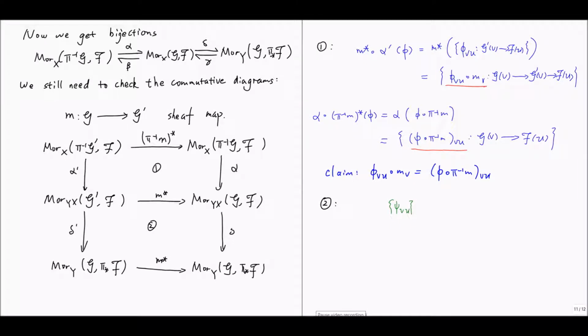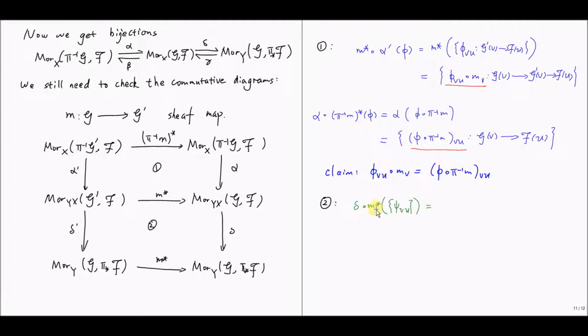We first apply those two maps to this compatible collection. And M star of this guy will be the composition on the right.